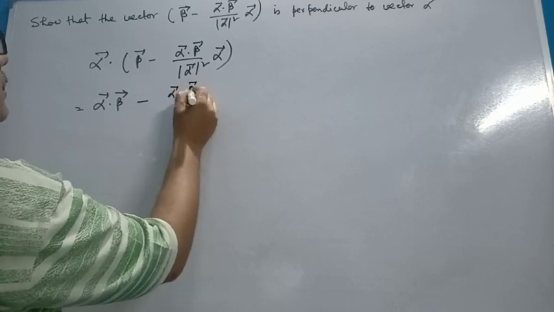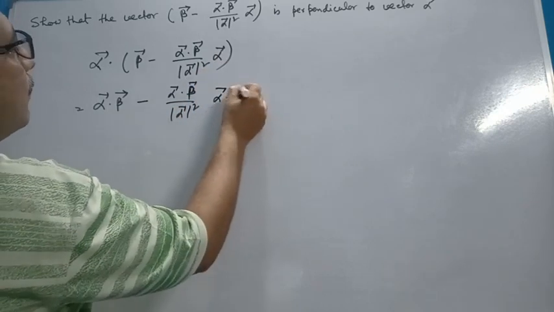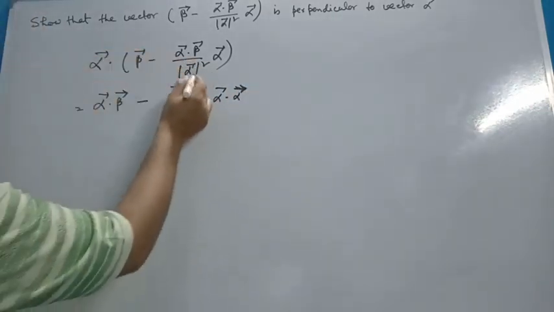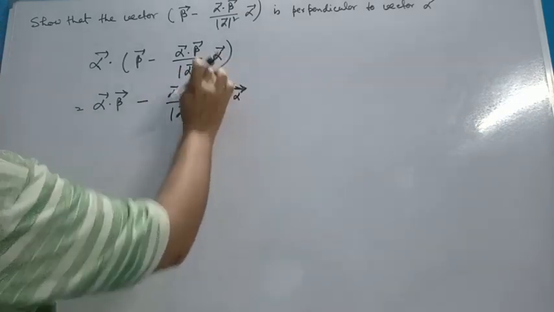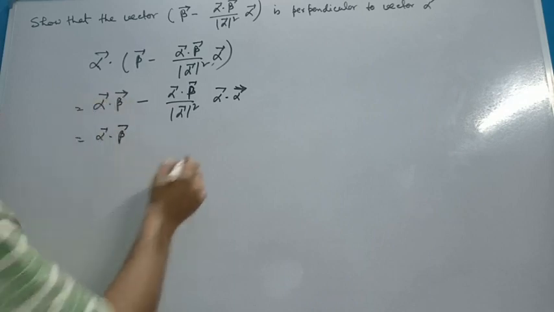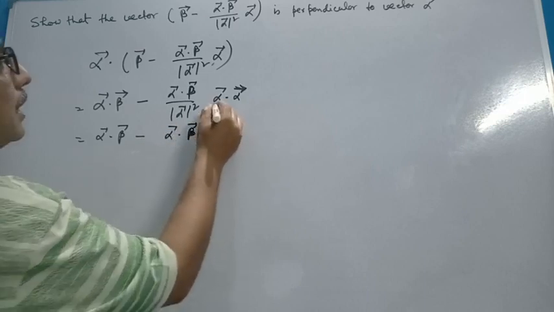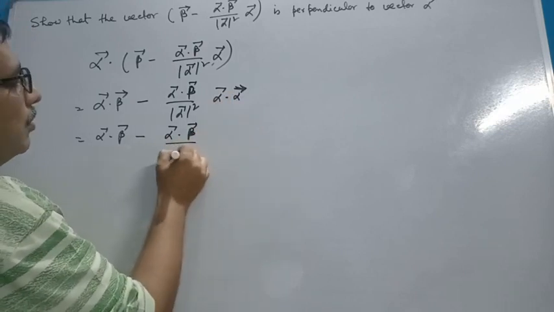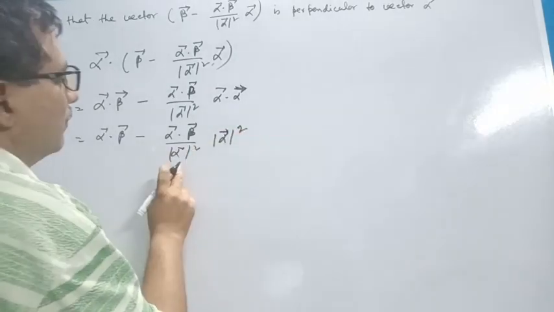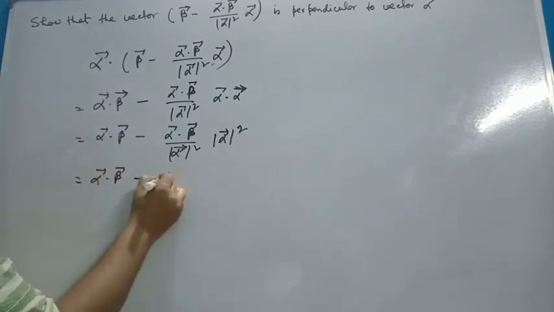Alpha dot beta remains the same, mod alpha square also remains the same, and alpha dot alpha means mod alpha square. So mod alpha square and mod alpha square cancel out, and then we get alpha dot beta minus alpha dot beta.